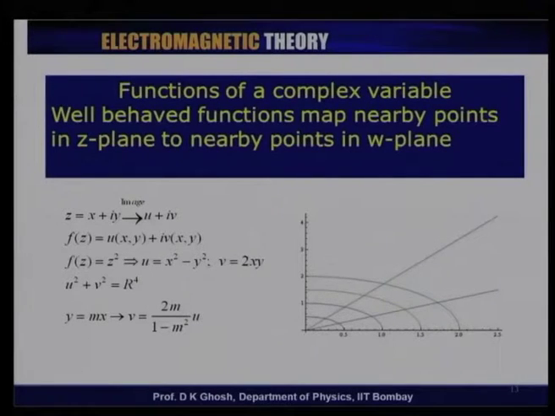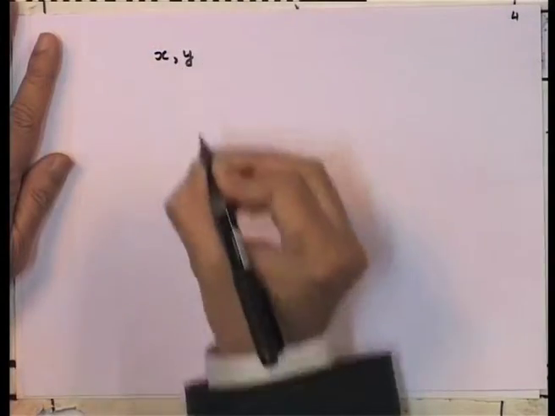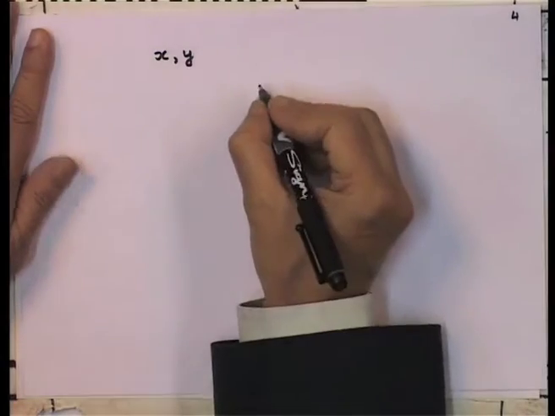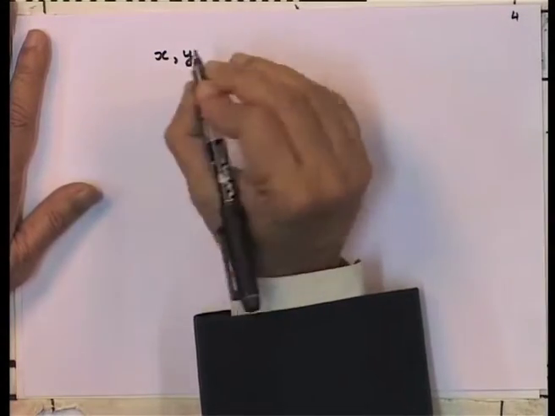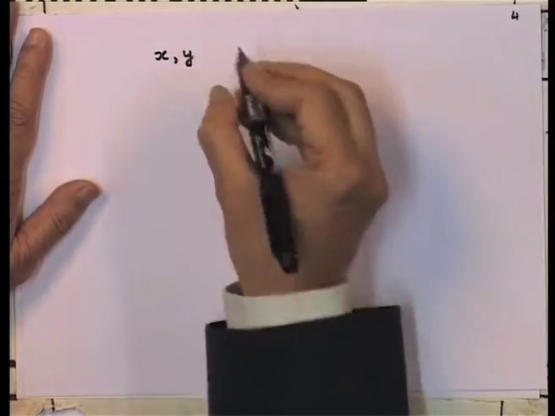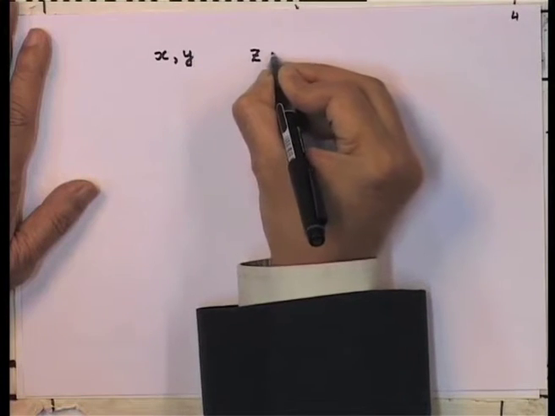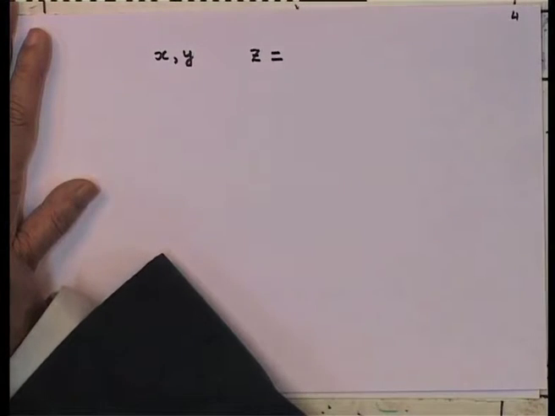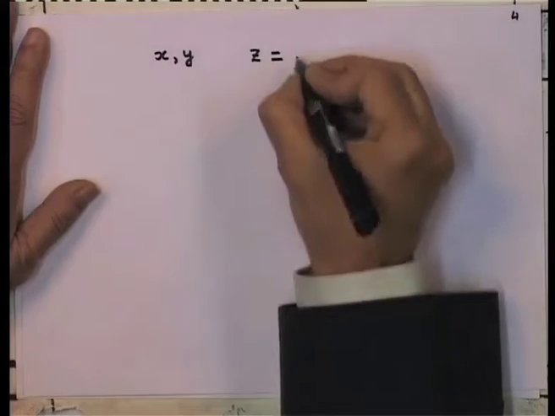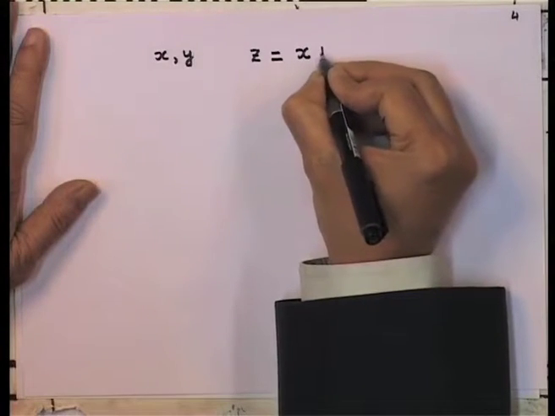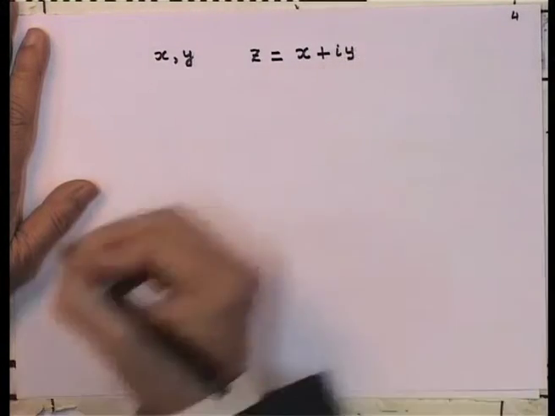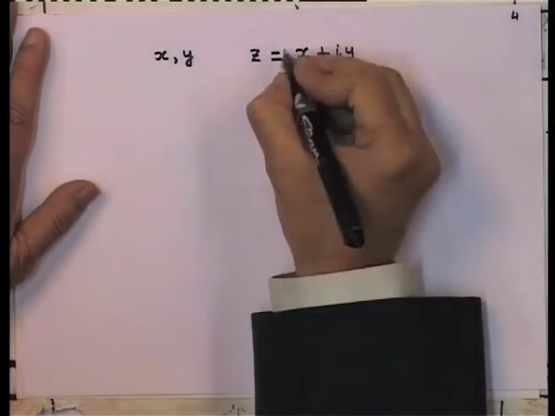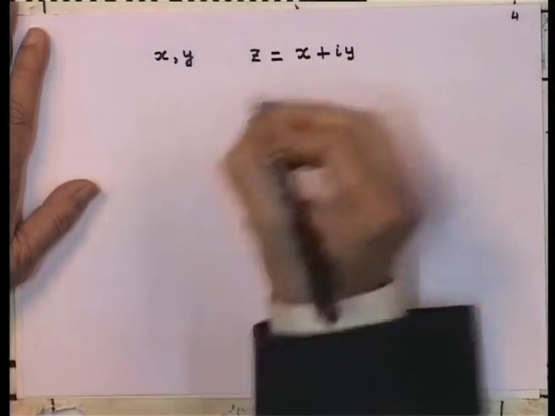Firstly, instead of x y, I want to talk about a complex variable z, not to be confused with the z direction that we are talking about. This is defined in terms of real and imaginary parts as x plus I y. So, this is my z.